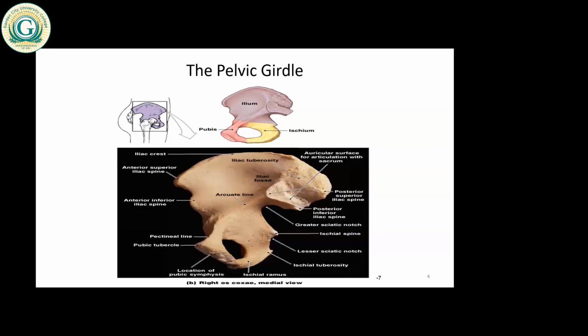Okay. What about the anterior superior iliac spine? Any idea, Clara? Sir, please, I said for muscle attachment. Any idea of the muscles? Any muscle in mind?